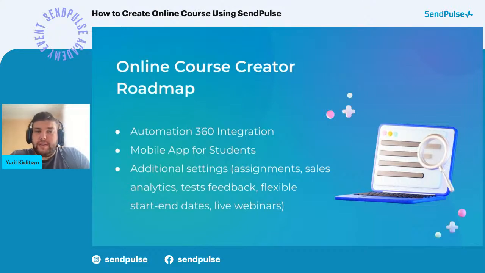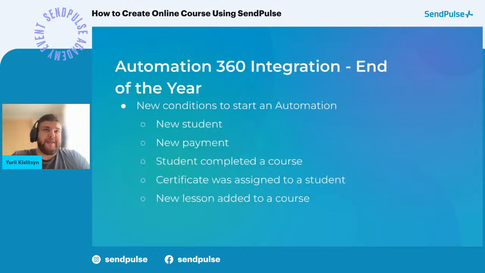I will tell you about some features. It's automation and integration, and how to start communication with your students when they start a course, when they subscribe to a course, when they register, etc. You can start your automation when there is a new student, when your student makes a payment, when students complete a course, when a student completes a test and gets a certificate, or when new lessons are added to the course.